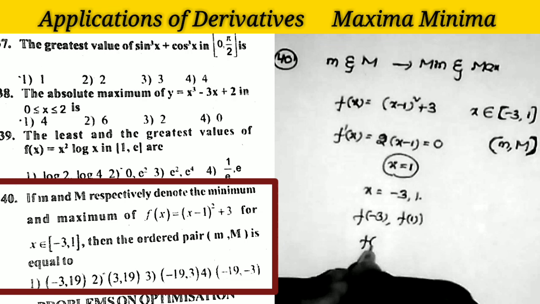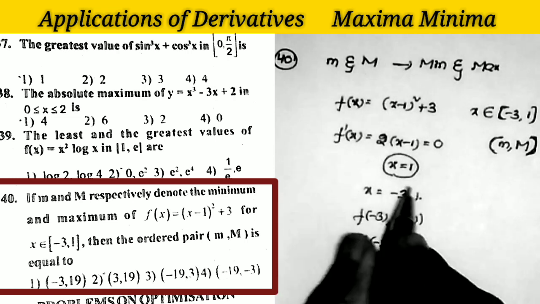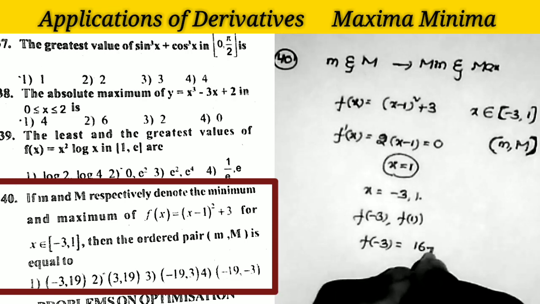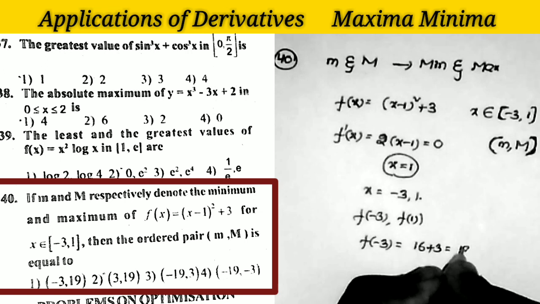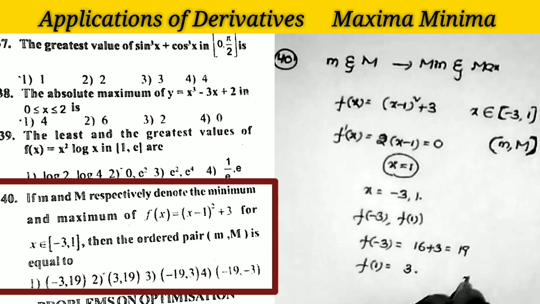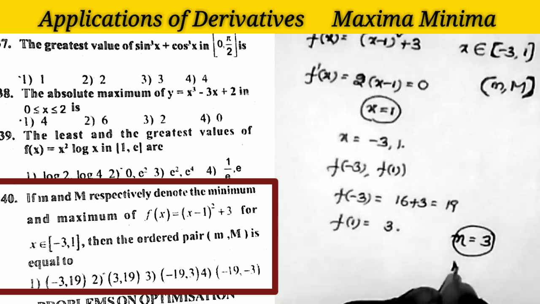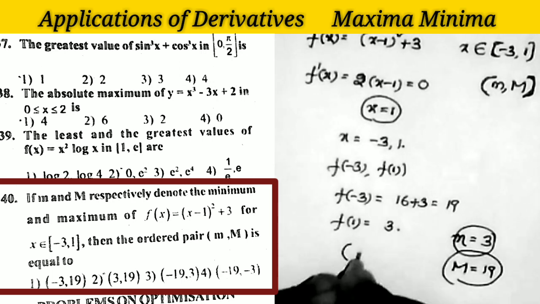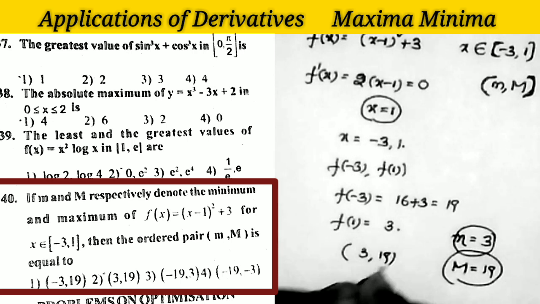So f of minus 3 is equal to minus 3 minus 1, minus 4 whole square, 16 plus 3 is equal to 19. And f of 1 is 1 minus 1, 0, 0 plus 3 is equal to 3. Therefore, the minimum value, the least value m, is equal to 3 and the greatest value, the maximum value, is equal to 19. Therefore, the answer is 3 comma 19, and that is the second option.